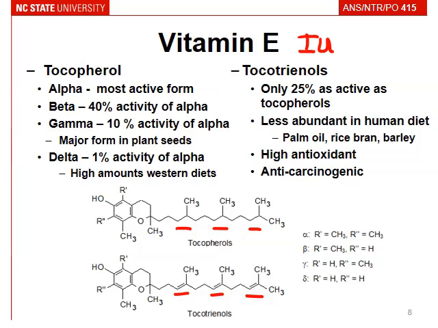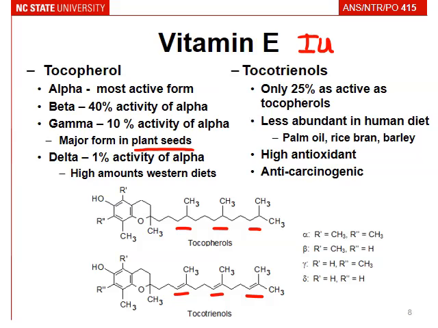And our gamma tocopherol is 10% activity of our alpha tocopherol. This is the majority of the vitamin E that we're going to find in plant seeds, in the gamma form. And then we have delta, and delta has about 1% activity of alpha, and this is the highest amount in Western diets.